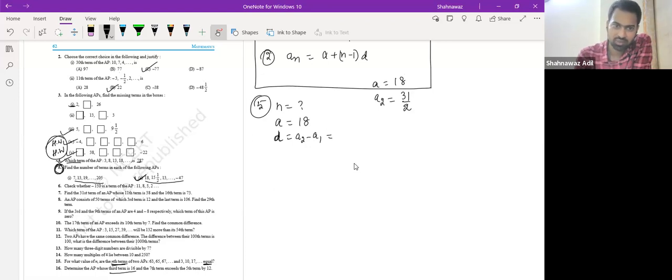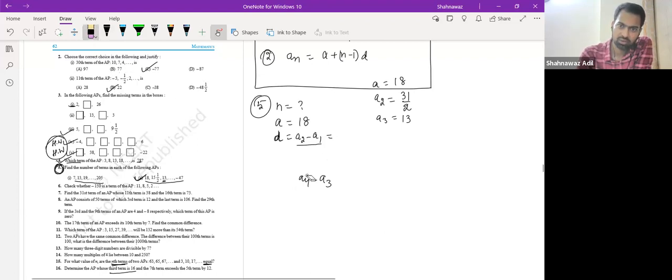Oh, you said 13, so this is the third term. D is simply A2 minus A1 or A3 minus A2 or A4 minus A3, right? Yes, sir, but the difference is also 13. Oh, sorry about that. Let me check. But this is a fraction and this is a full number, so it can't be 13, right?